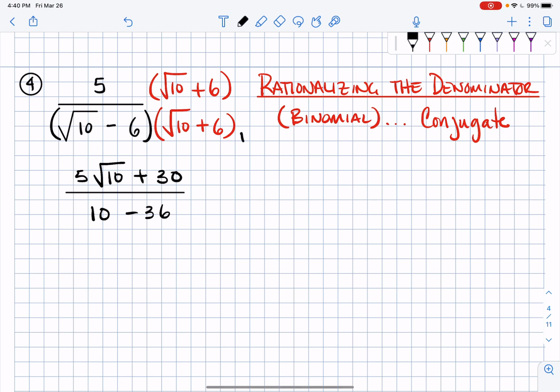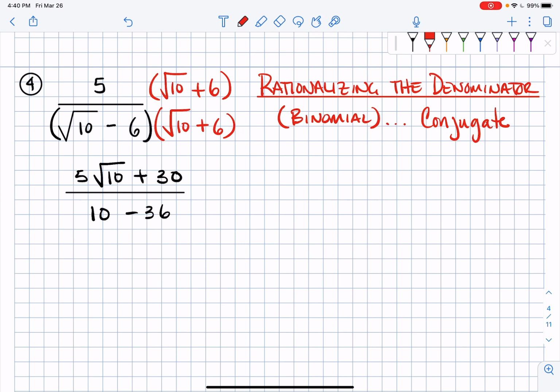Because all I got to do is FL the bottom, which is first and last. So I literally do first, which is square root 10 times square root 10 is 10. And then last, which is negative 6 times positive 6, which gives you the negative 36.